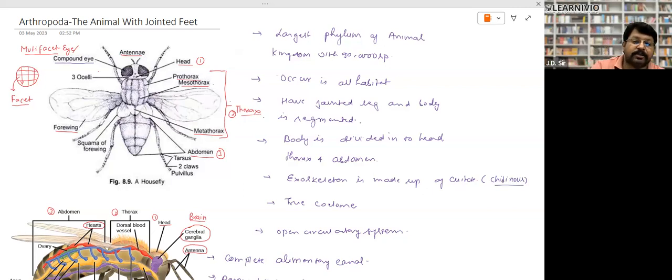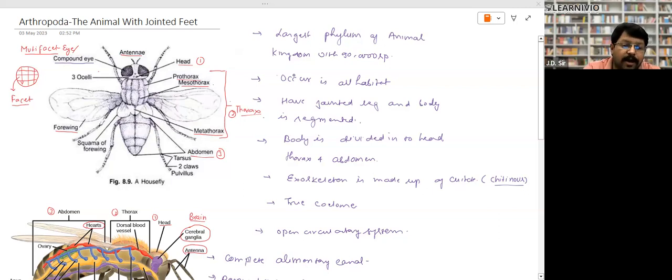The body is covered with tough, non-living, chitinous cuticle.